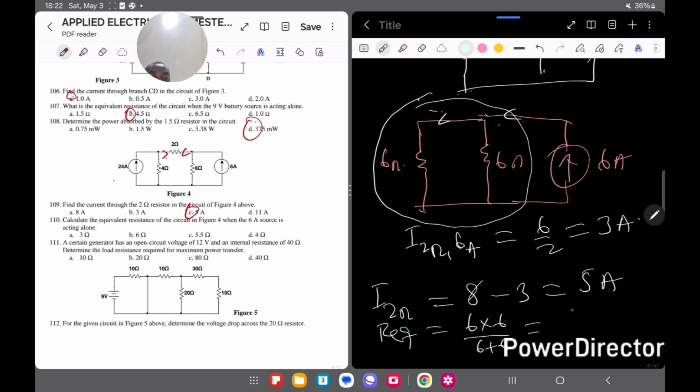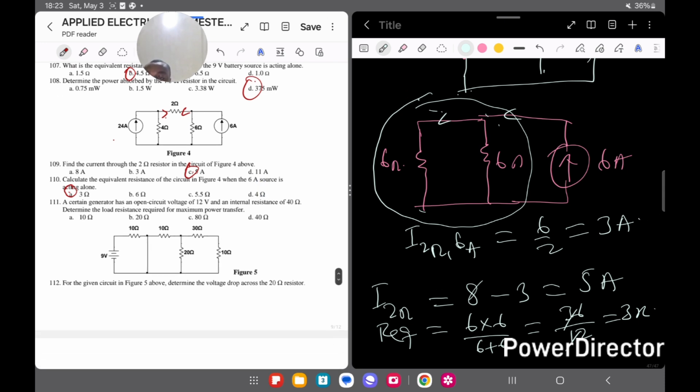So that will be 36 divided by 12, which is equal to 3 ohms. So the answer for 110 is A. Now moving to question 111.